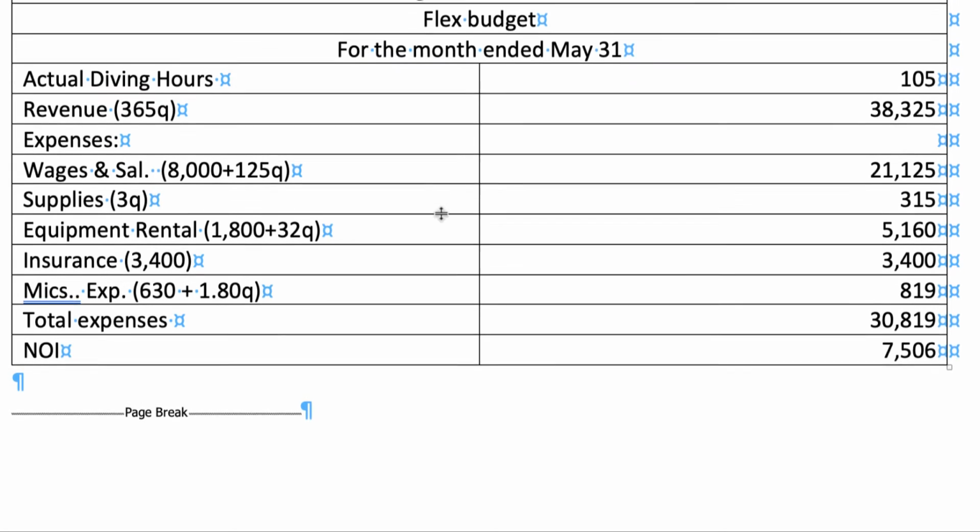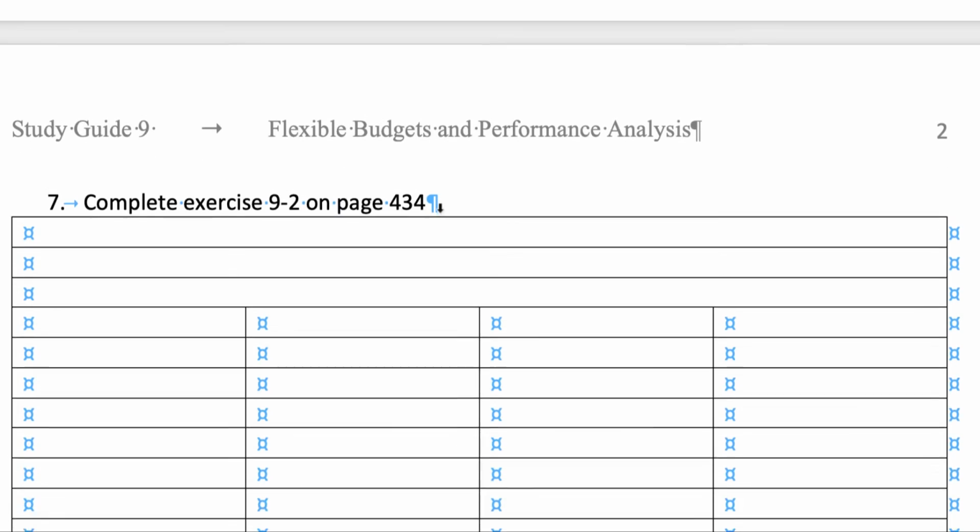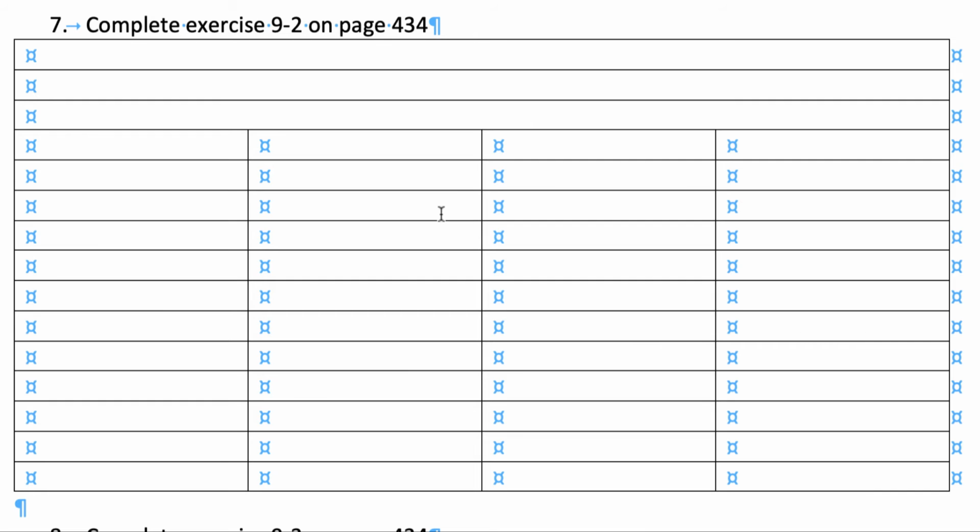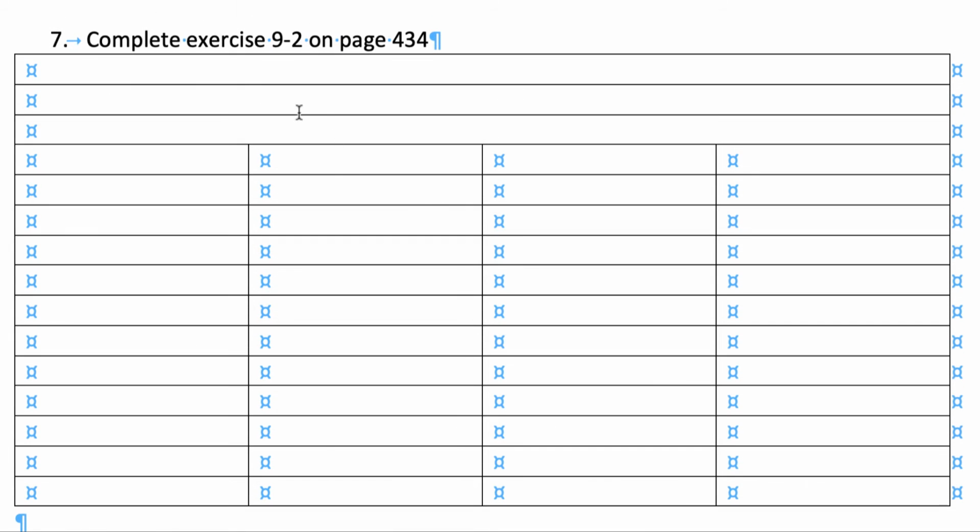Okay, so let's look at the second exercise we got to do. That is exercise 9-2, and it's on the next page, page 434. And what they want us to do here is prepare an activity variance report.